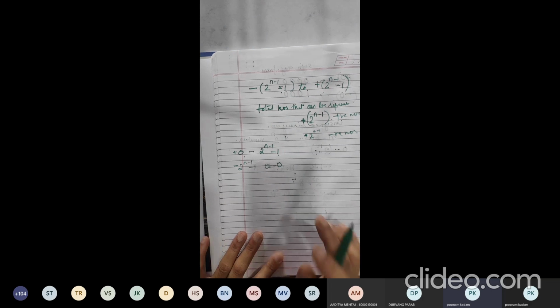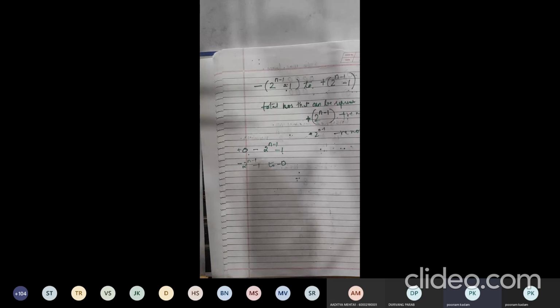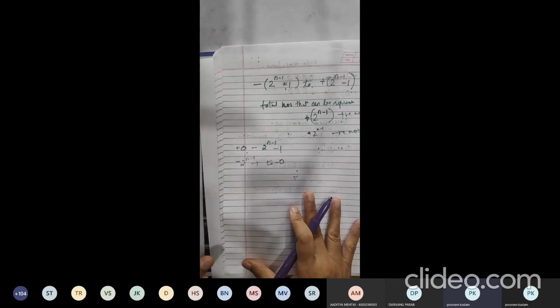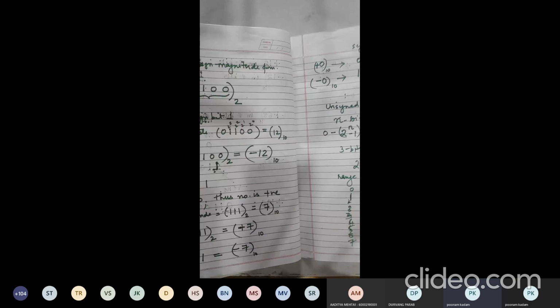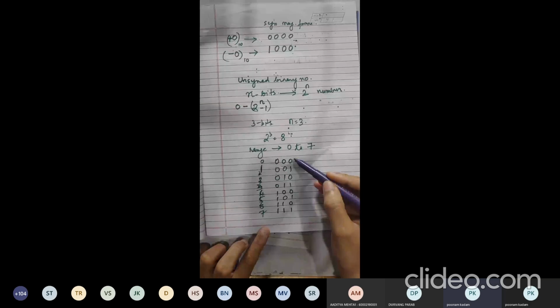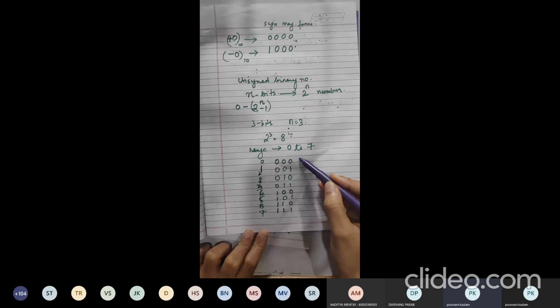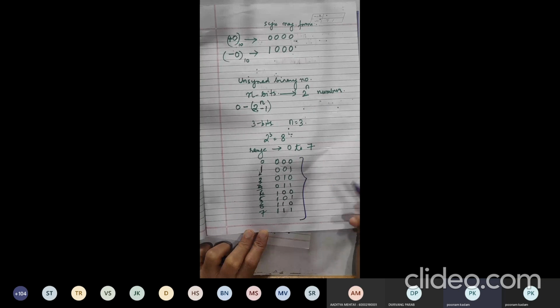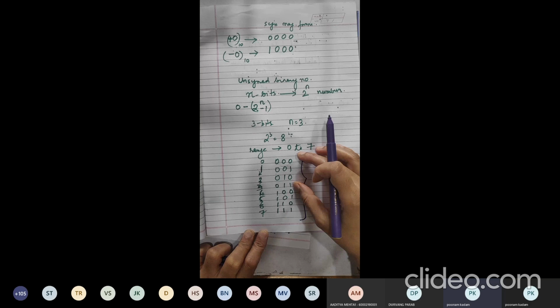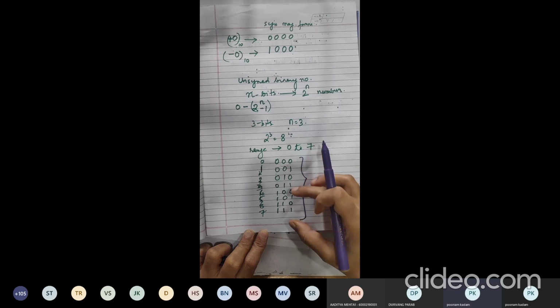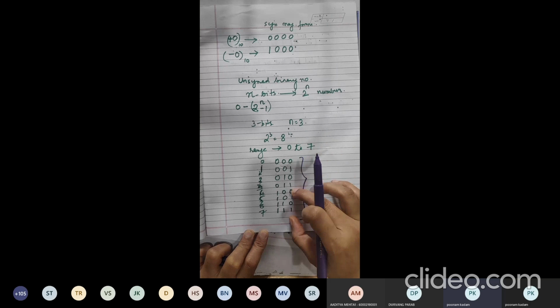In other words, to understand this, earlier with the unsigned binary number, with 3 bits, we could represent a total of 8 numbers, 0 through 7. But now with sign magnitude representation, the first bit is reserved for sign. It means half of the numbers will represent positive numbers and half of this complete block will represent negative numbers. So we are just dividing it into 2 parts.